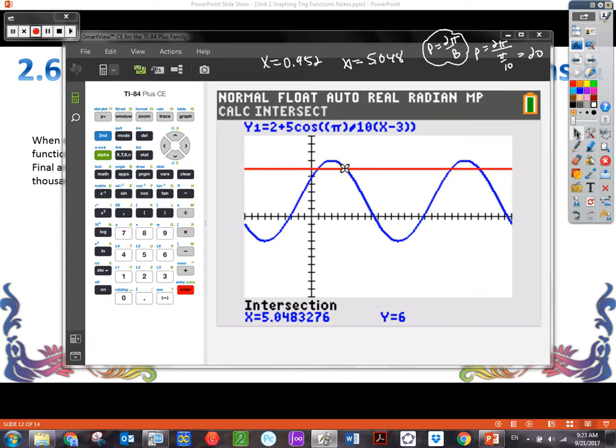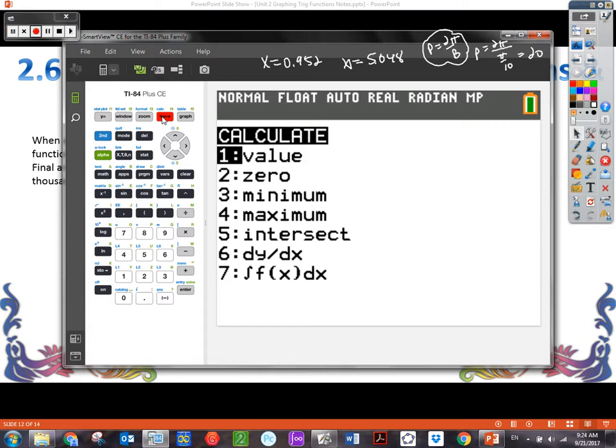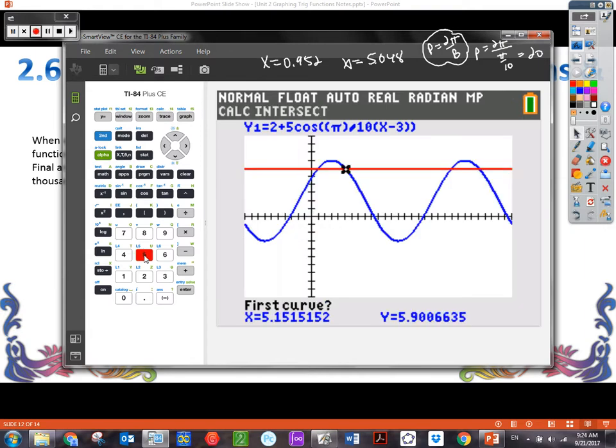I think we all know what the answer is going to be, but let's double check. Second calc, intersection, and I'm going to scroll right over to the other intersection.